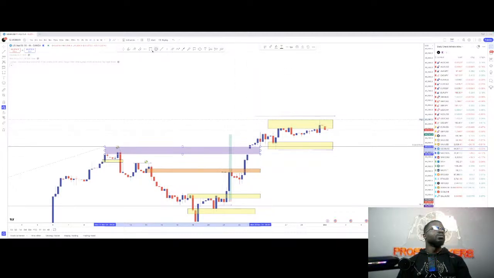Okay, so it already broke above and retested this area right here with this wick.